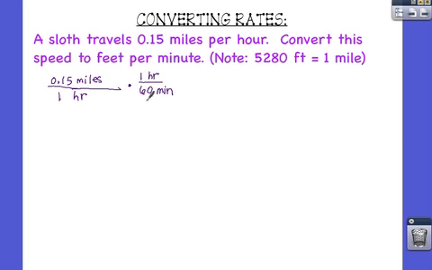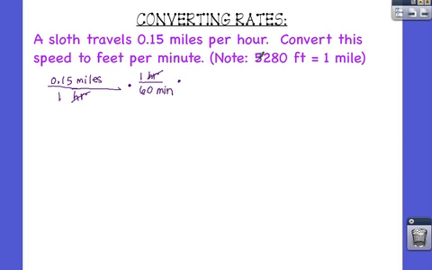The goal, however, is that since we are multiplying, now notice this is multiplication and no longer an equal sign, we are able to cross-reduce. And we can even cross-reduce units. So if you have an hour diagonally from another hour, those cancel out, and now I'm left with miles and minutes. So far I've got my per minute, and I now need to change miles to feet.